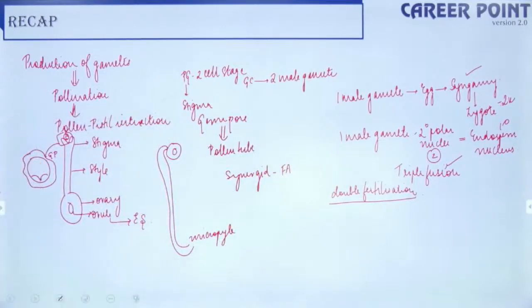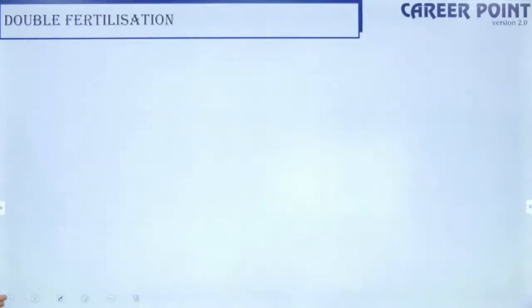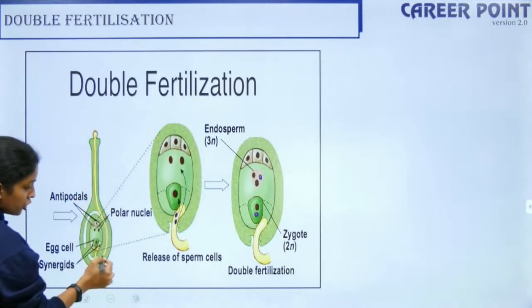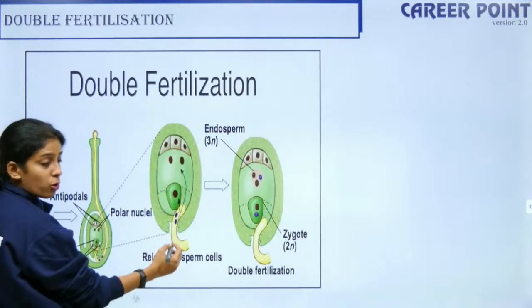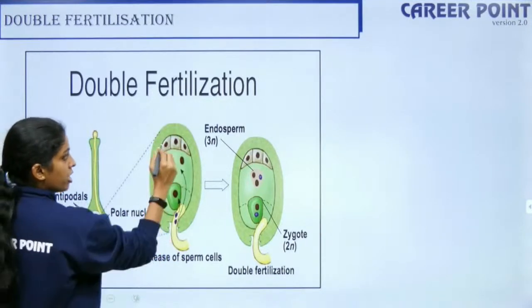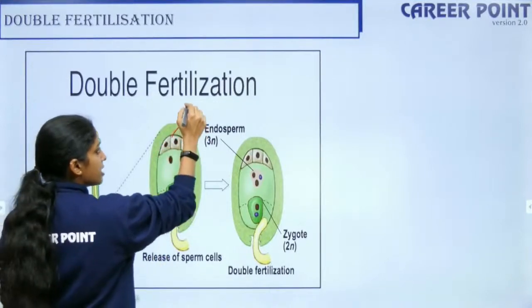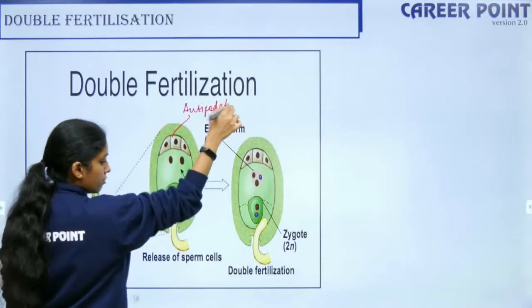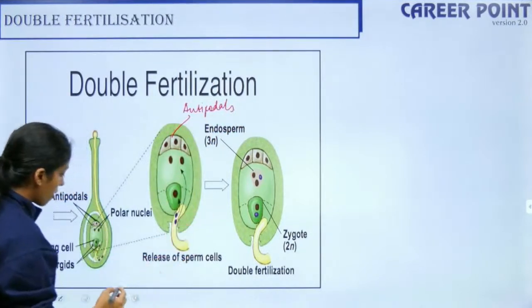Okay, clear? Fine. So this is what we have been discussing in the previous lecture. If you see, this is how the pollen tube germinates and this is my micropyle end, this is the chalazal end. So these 3 are antipodal cells. So here I have my filiform apparatus.